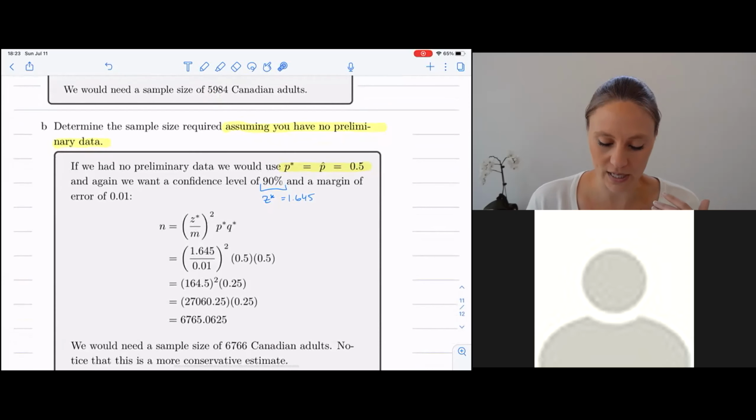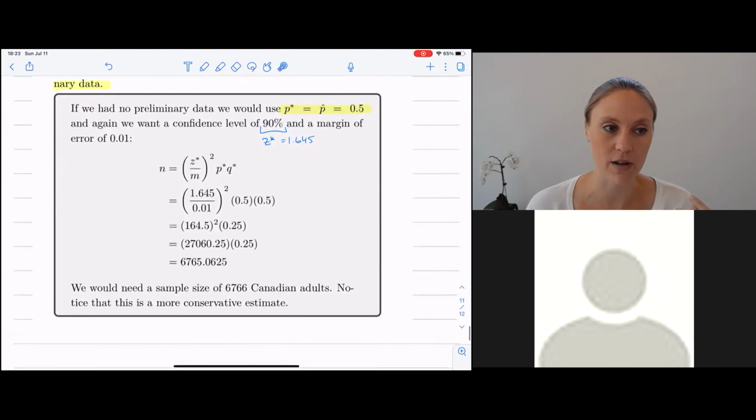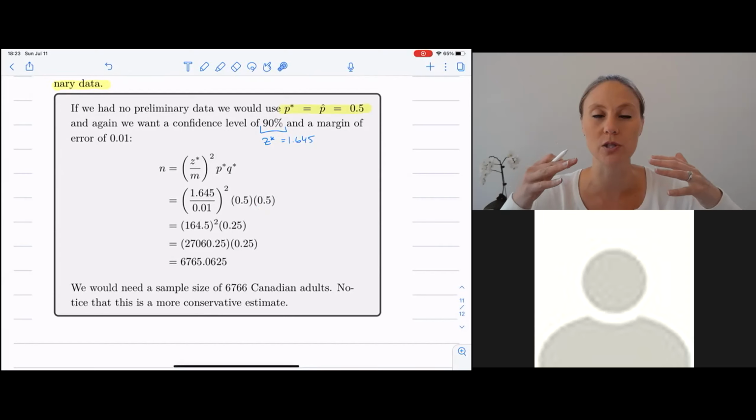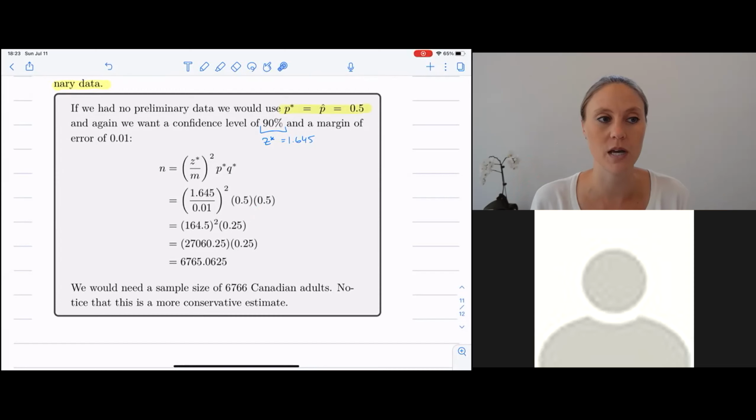And then when we just assumed a 50-50 split, we needed a sample size of 6,766. So quite a bit larger. And notice that this is a more conservative estimate, because the sample size is larger than it was before. And so that's why if you know nothing about the population, then you should use the 0.5, because that's going to give you the most conservative estimate for the sample size.